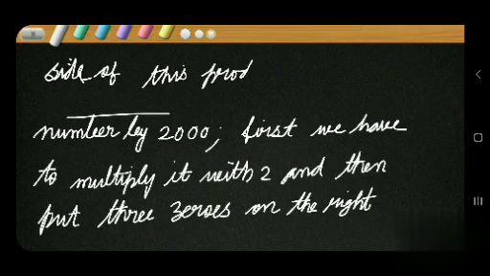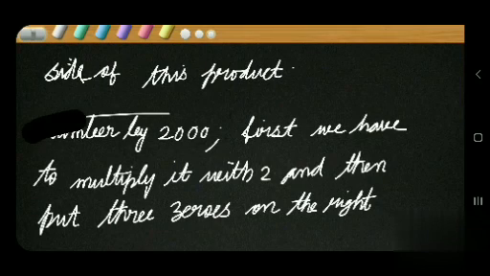Okay, yes. So let's try to do some examples.